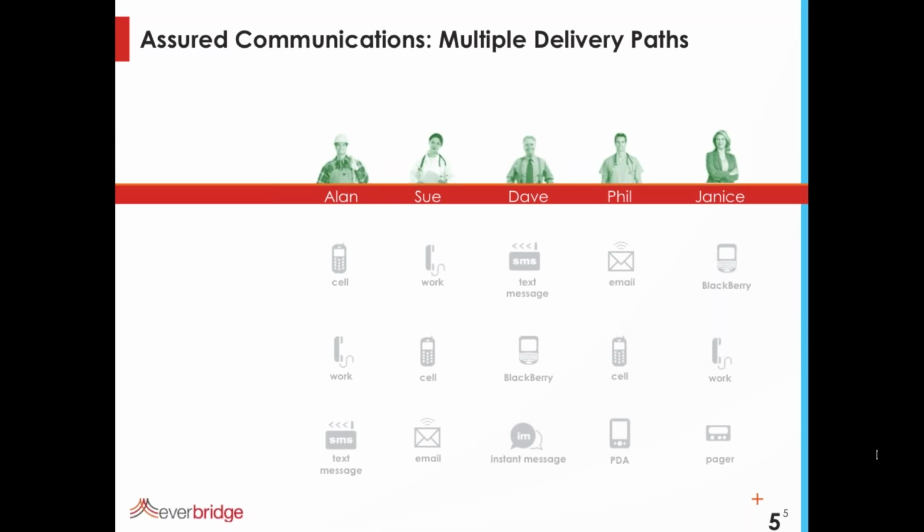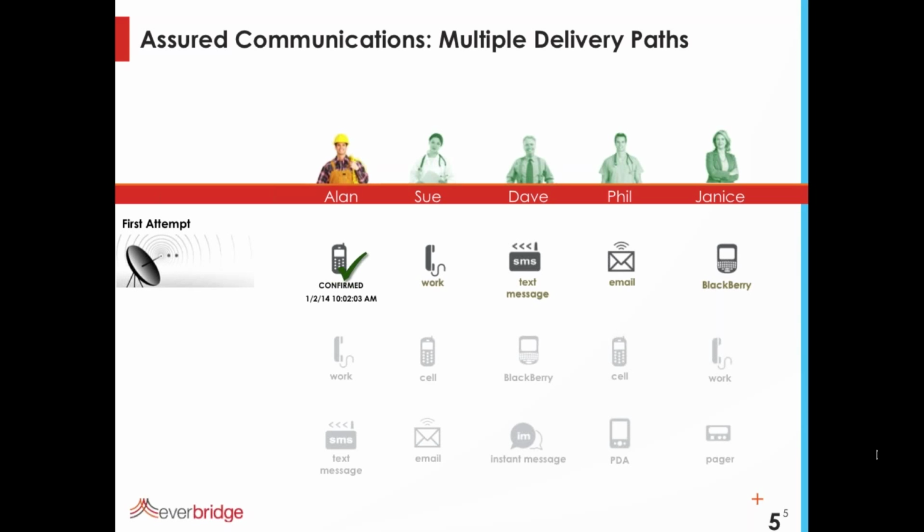So for every contact in the Everbridge database, we encourage, and it's a best practice, for you to have more than one way to reach them. And by the way, you can actually prioritize communication so that you reach out to people on the path that they prefer to answer first. And if they don't answer that first path, you keep going until you reach them.